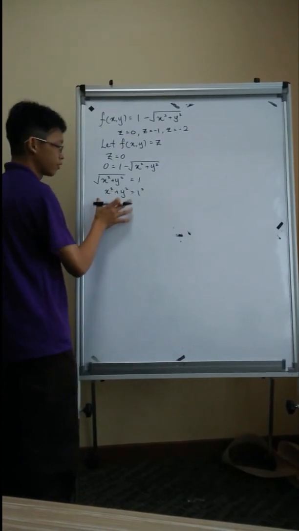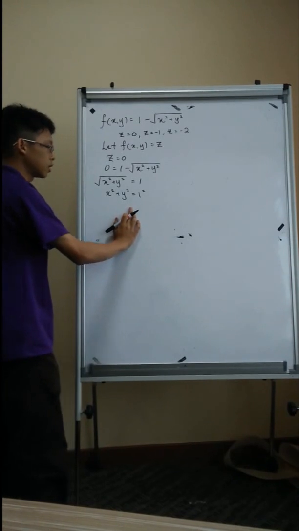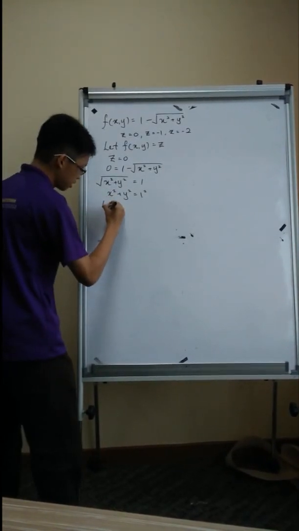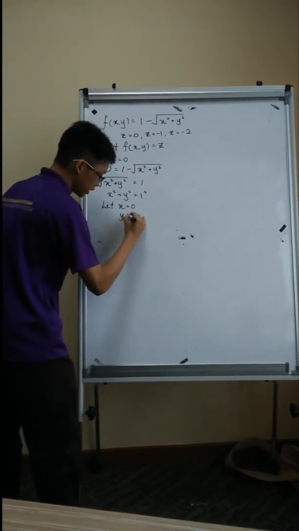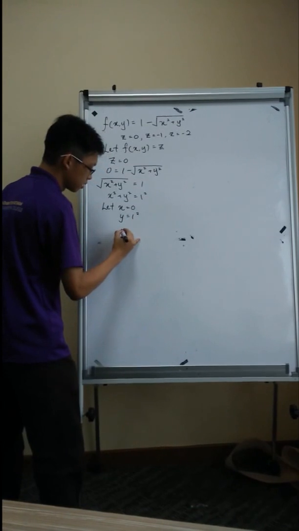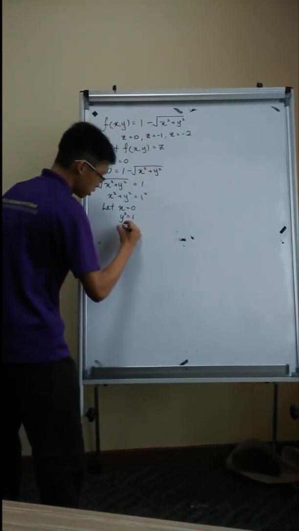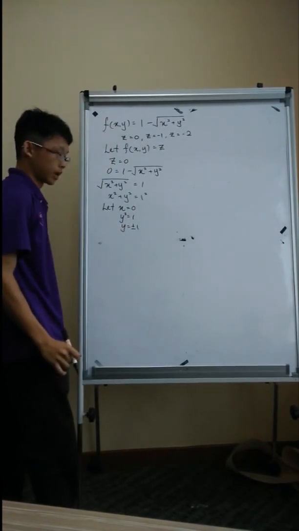So we have to find the values of x and y. When x equal to 0, y squared equal to 1, so y will be equal to plus or minus 1.